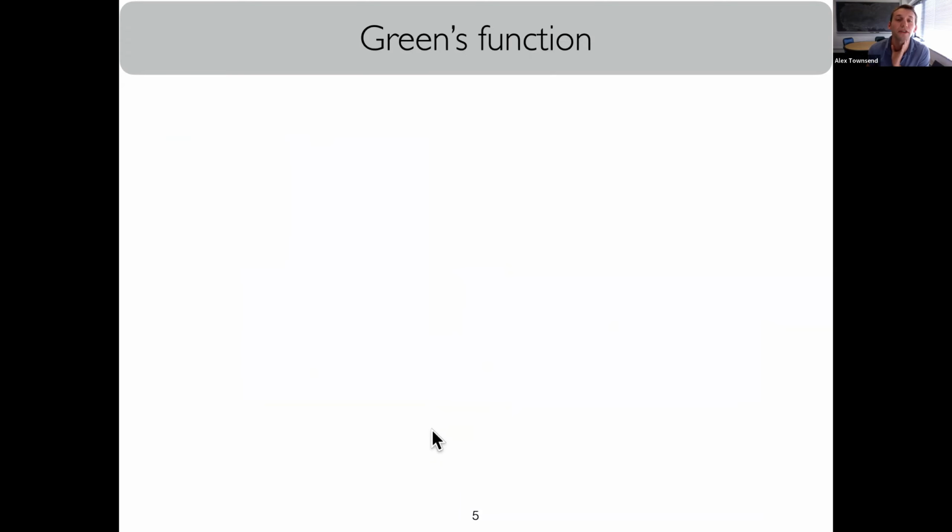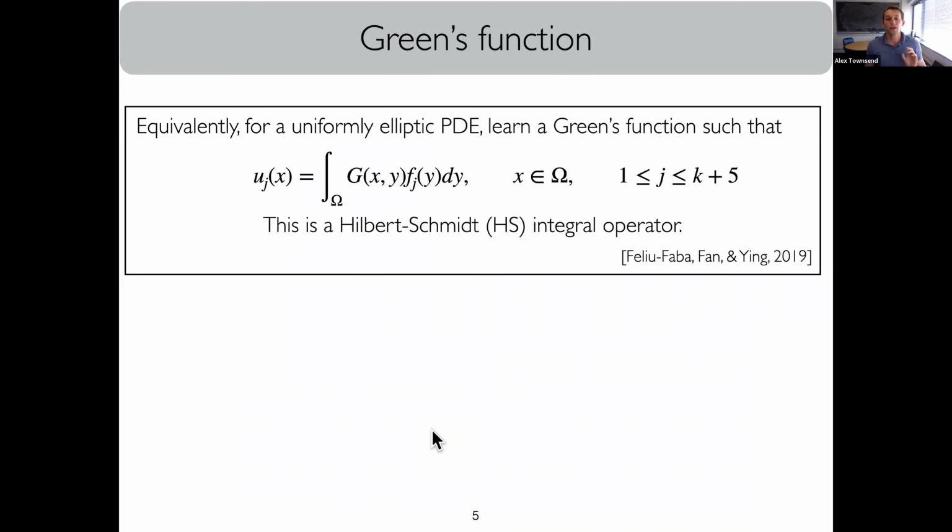So Green's functions. If you give me an elliptic, second order uniformly elliptic PDE in 3 dimensions, then there's a solution operator that's associated to it. And that solution operator is an integral operator that looks like this, which is parameterized, let's say, by a Green's function, this G. So this is the kernel of this integral operator.